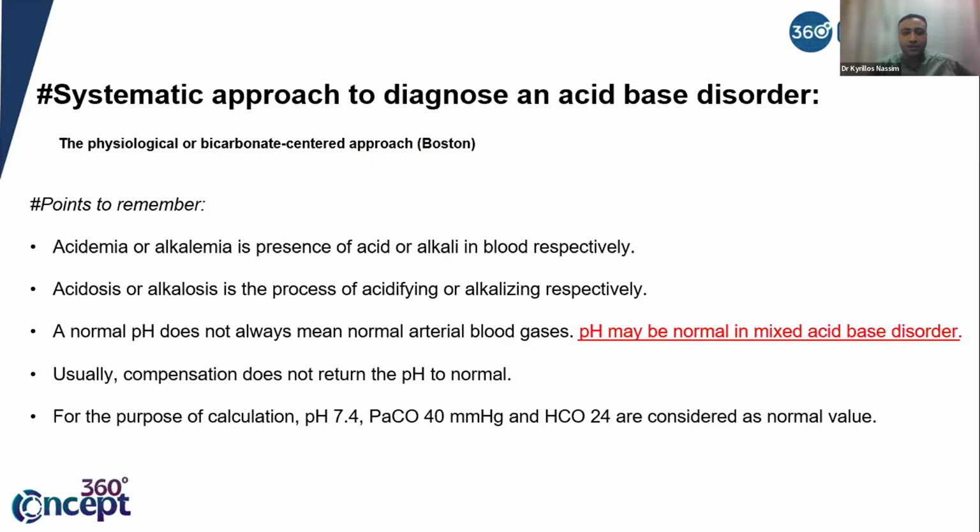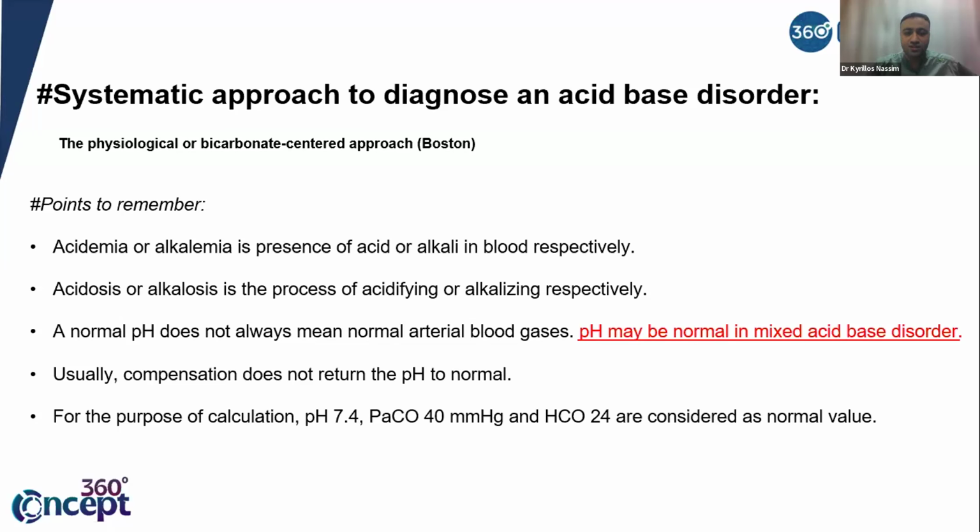We all know that. And acidosis or alkalosis is a process of acidifying or alkalizing. And we all know this. Let's go to the hard point. A normal pH doesn't always mean normal arterial blood gases. And here in red, I typed: pH may be normal in mixed acid-base disorder.